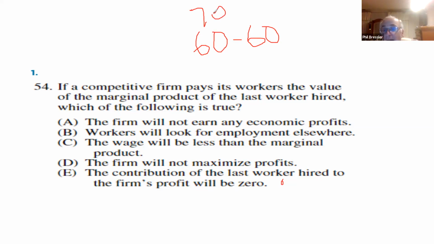So the firm can still earn economic profit. But what we know is the contribution of the last worker hired to the firm's profit will be zero because the last worker put in 60 and we paid him 60. I made those numbers up just to show you, but we're paying them exactly what they brought in. So therefore, they cannot earn economic profit.